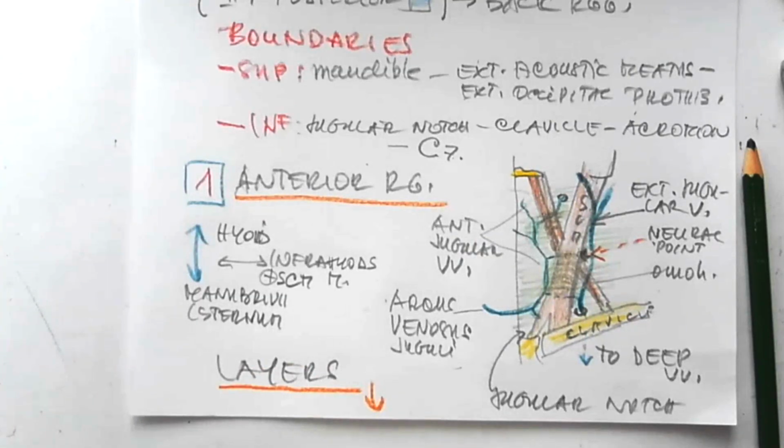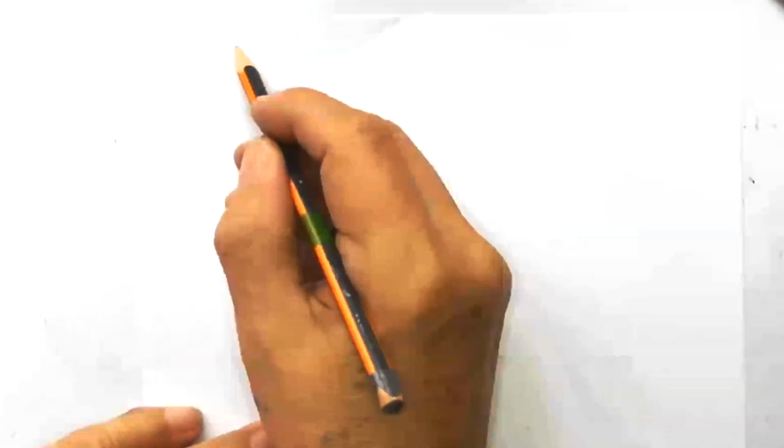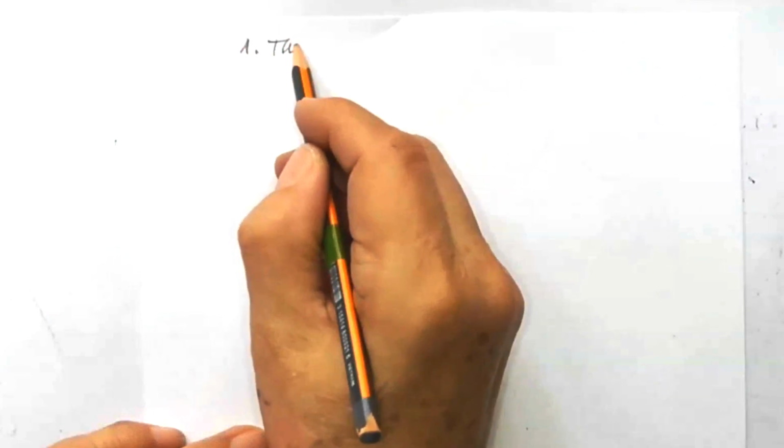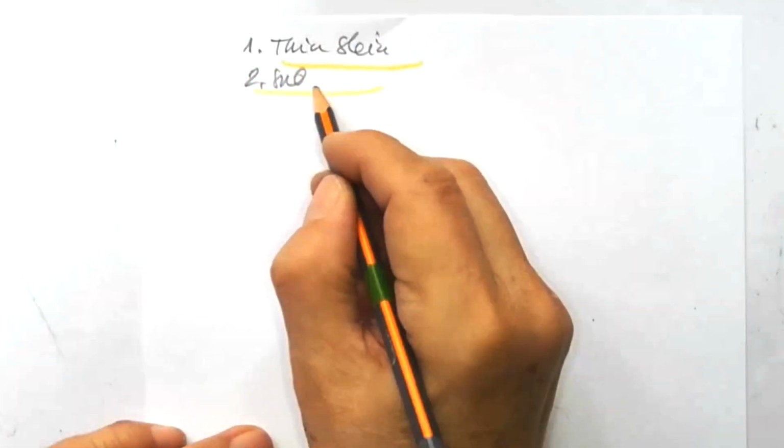Concerning the layers, we could say that they are in fact the same as the layers in the areas of the head, but the veins and nerves, anterior, are approximately the same. So starting with a thin skin, yes, it's definitely thin. Then follows number 2, subcutis.